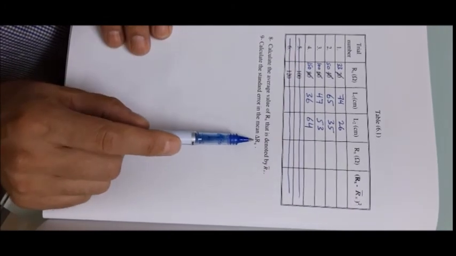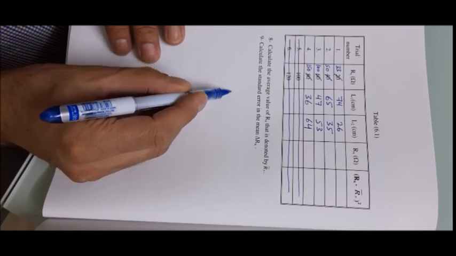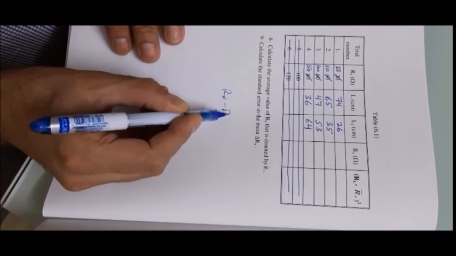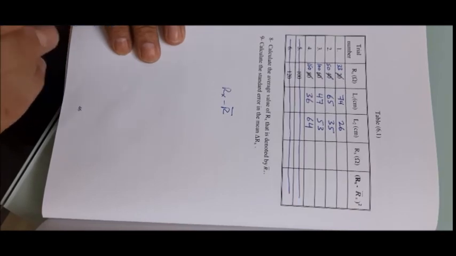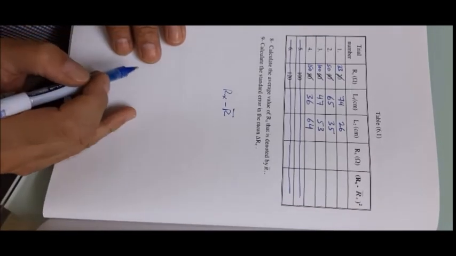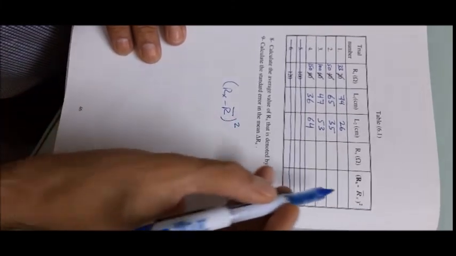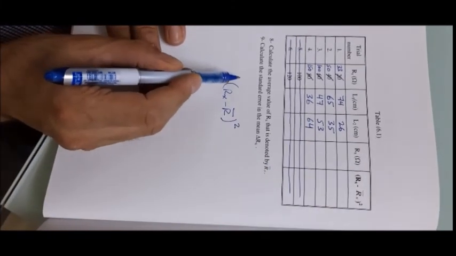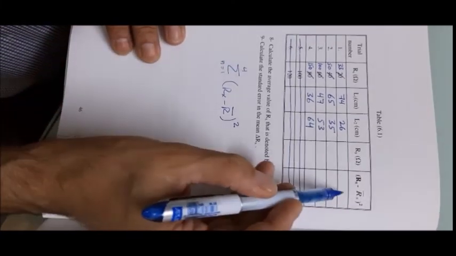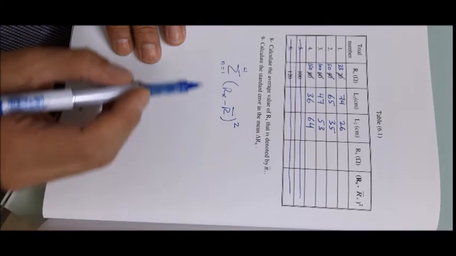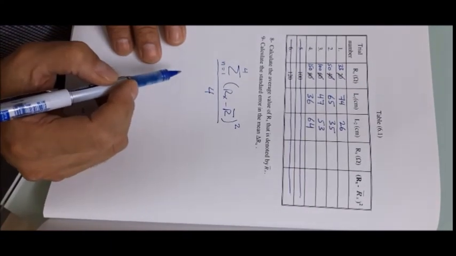So this delta Rx in fact means you calculate Rx minus the average one by one. For each value, you subtract the average, then you square each value, which is this column, then you add them from n equals 1 to 4, because these are 4 values, then you divide by 4 to calculate the average.